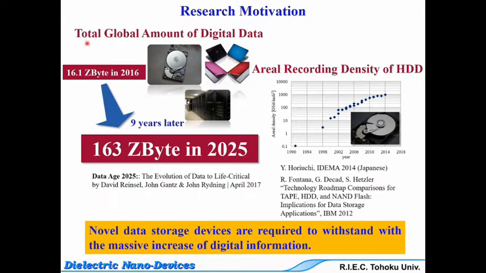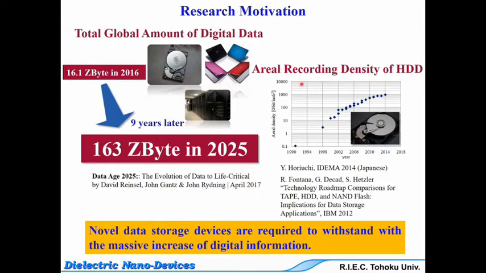As you know, the total global amount of digital data was 6.1 zettabytes in 2016, but it is expected that it will reach 163 zettabytes in 2025, and such a huge amount of digital data cannot be stored only by using the conventional magnetic hard disk drive.